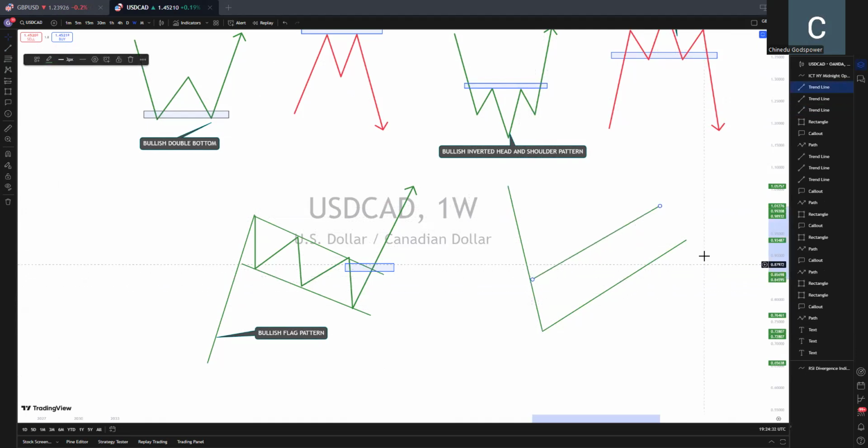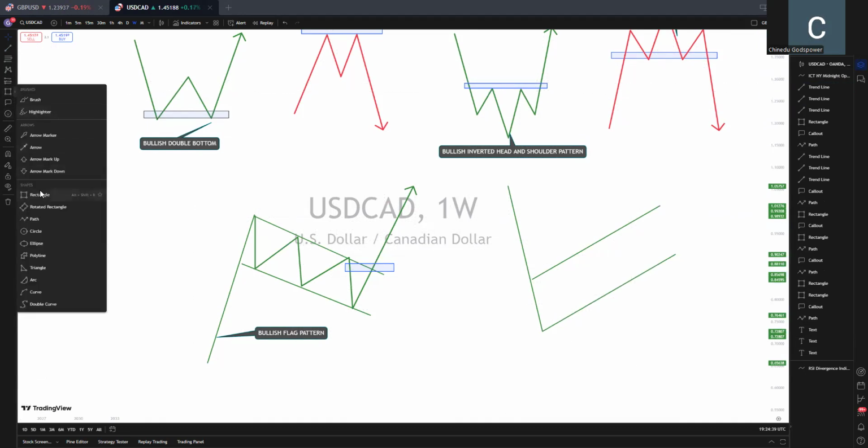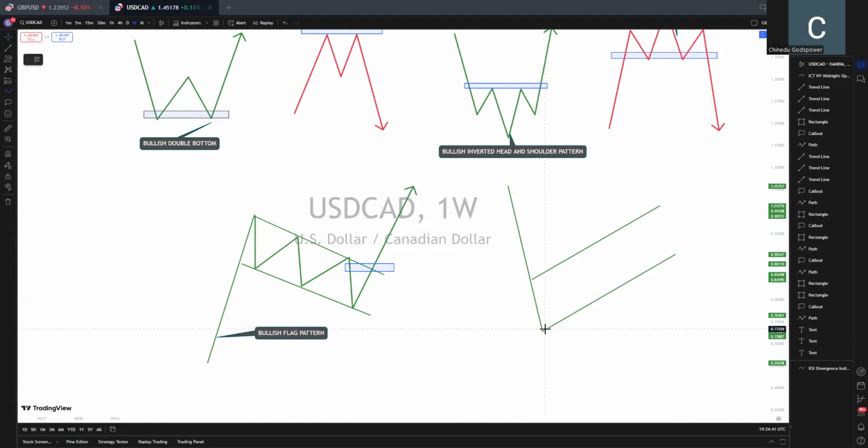Then you have the price move like this, 1, 2, 3, 4, 5, 6.